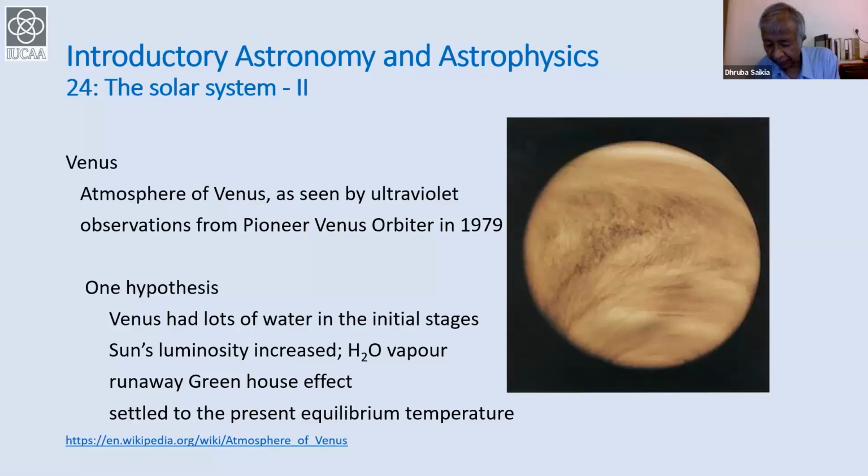And I mentioned earlier that it has a very long rotation period, right? And it is also peculiar in the sense that unlike all the other planets, this has a retrograde motion. That means the spin is in the opposite direction to its orbital motion. So how do you think we will infer the rotation of Venus?